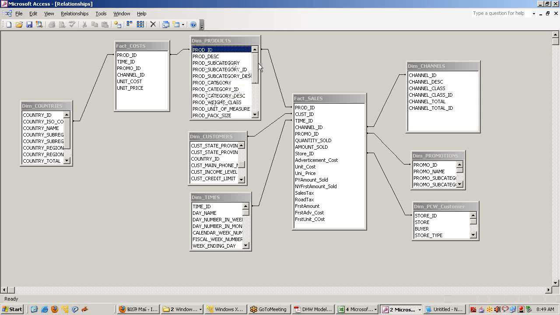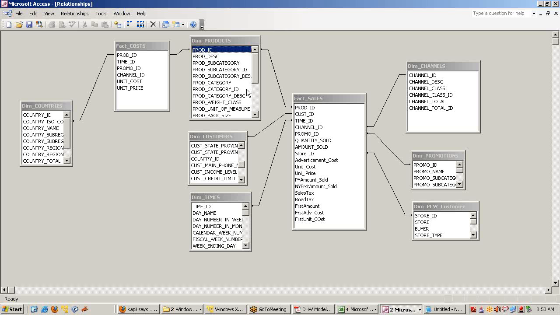Primary key and various information of the product. This is your dimension table.